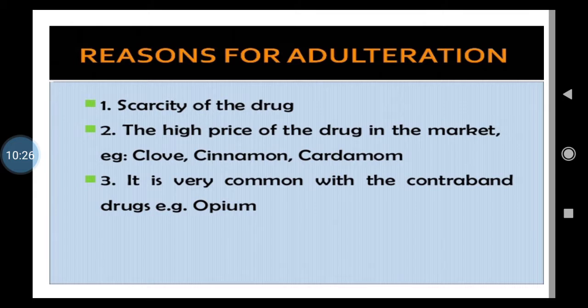Afim means opium, a narcotic drug, and our government authorities have a ban on cultivation, collection and possession of these types of drugs. For their cultivation, collection and possession, permission is required from the government. These are important reasons for adulteration.